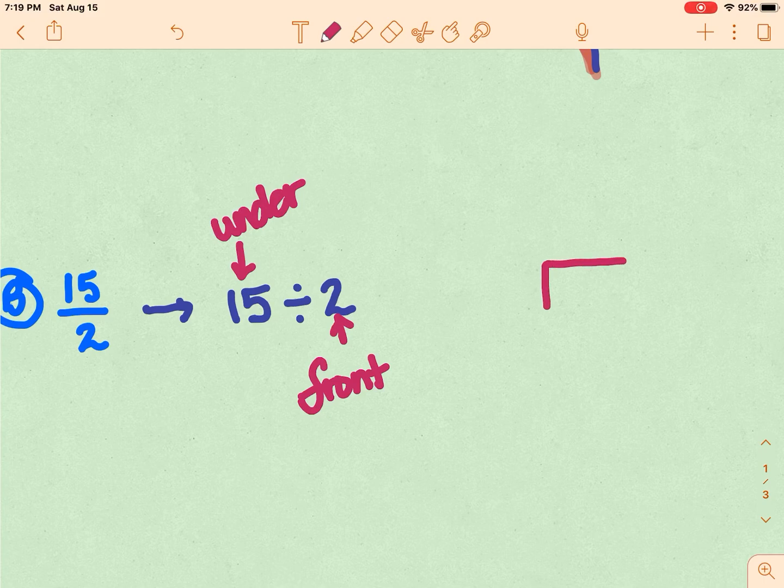So there's my division bar. 15's underneath, and 2 is out in front. Now I want to make sure I'm going to see how many times 2 will go into 15 without going over it. So the closest that I can do to 15 would be 7 times. Because 7 times 2 would be 14. 1 left over.